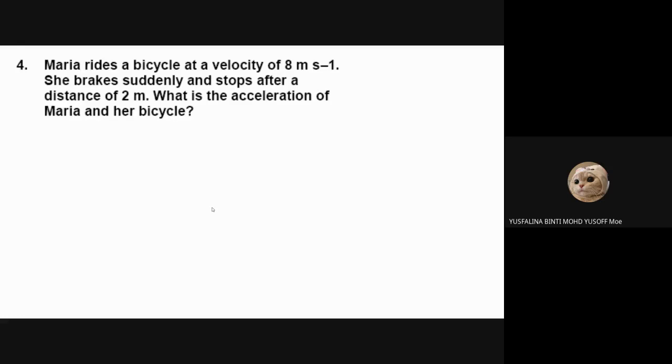Okay, Chi Seng said V is 8. Is that your answer? V is 8. Acceleration should be 4. Okay, so let's try to answer.